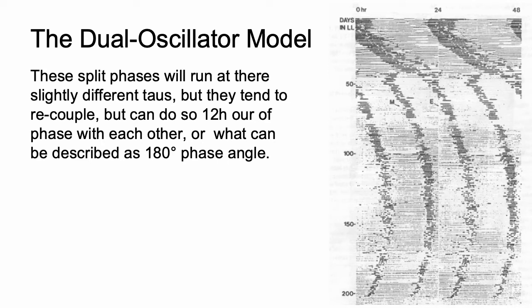So when they start to run parallel, they've recoupled, but interestingly, they've recoupled completely opposite of each other. So initially, you can see here with the red lines, different taus. The E oscillator is running longer than 24 hours. The M oscillator is running shorter than 24 hours. But after a handful of days, about a week, they recouple completely out of phase with each other.